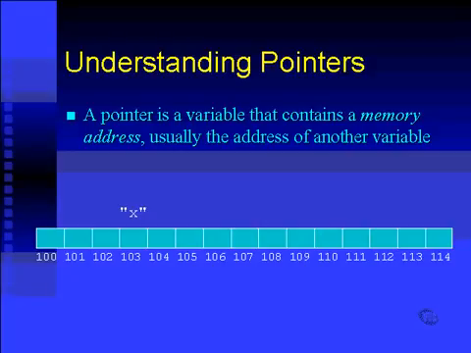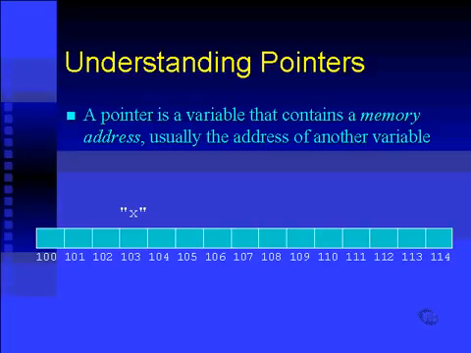So x is the label that we put on the box that is actually numbered 103. So the address of x is 103. If you had another variable next to it called y in 104, then the address of y would be 104, and so on.